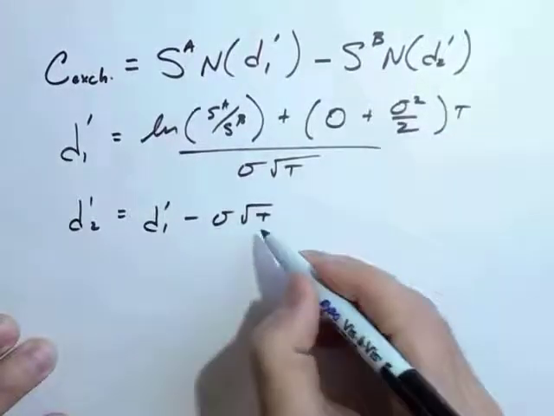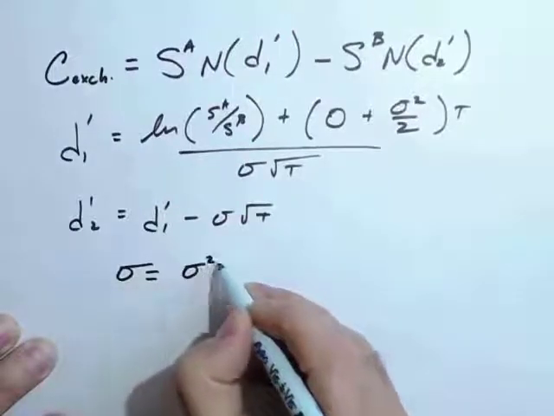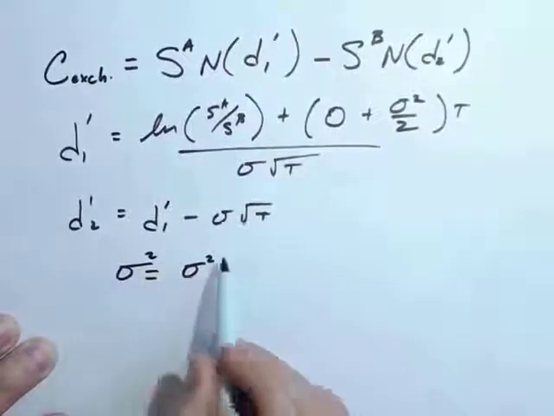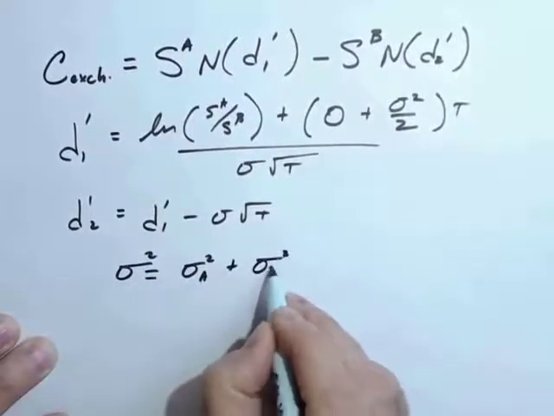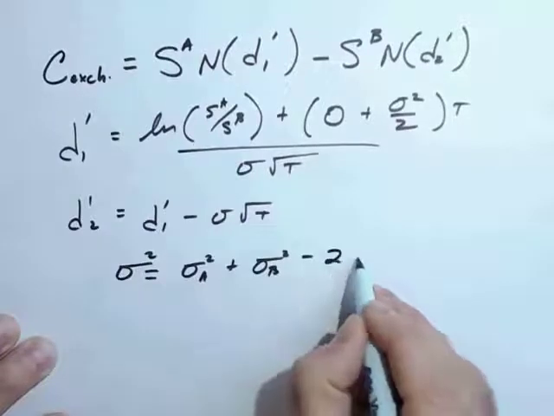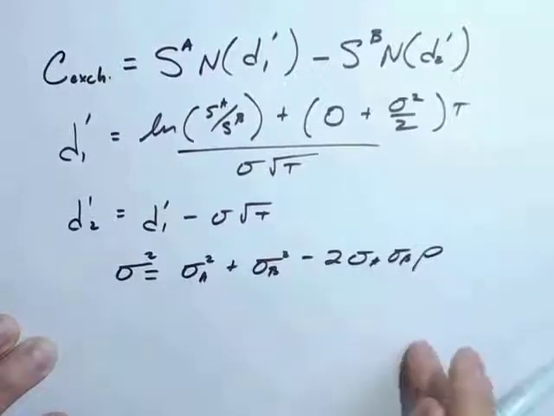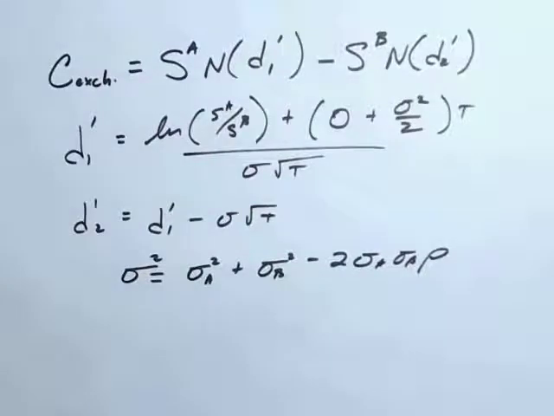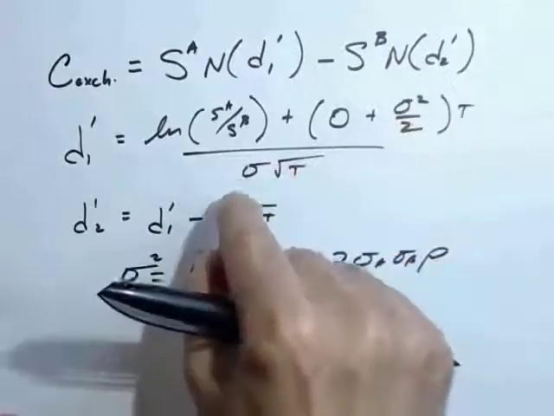But in this case, the sigma that we're going to use is going to be the square root of sigma A squared plus sigma B squared minus 2 sigma A sigma B correlation. Which is reflecting the covariance between the two securities, as I said before. So the square root of this goes in for the sigmas.